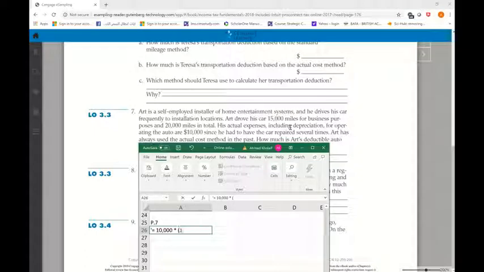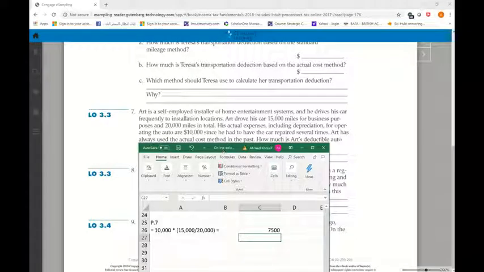So we have 15,000, which is business related, over the total miles, which is 20,000. So this will be the business related mileage. Based on this, the actual expenses are 7,500.